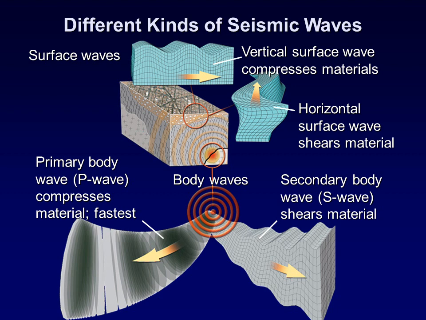And these can travel through solids, but not through liquids, and this is important. S waves cannot move through liquids. This is important in trying to image what is below ground, because if S waves are bouncing off when P waves are not, we know that we're dealing with a liquid.